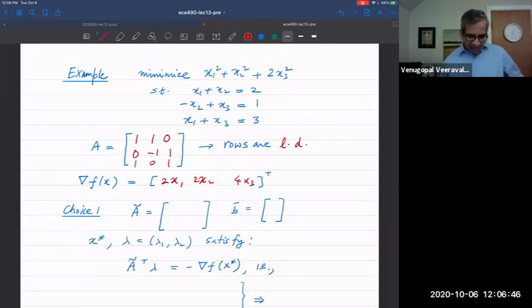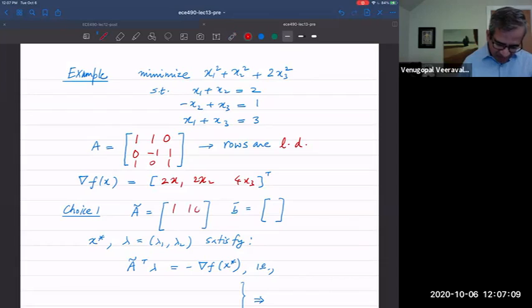So let's take our first choice to be the first two rows, which are linearly independent. But I have other choices. I could choose the second and third row, for example, or the first and third row. They're also linearly independent, but I'll choose the first two in this case. And so I get 1, 1, 0, 0, minus 1, 1, and the B tilde will be 2 and 1.